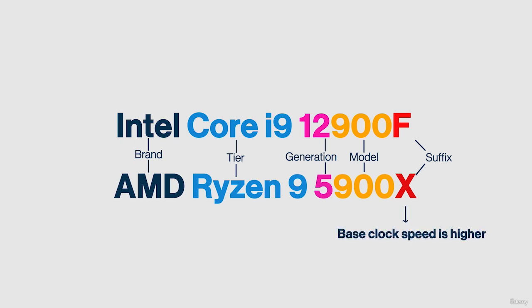So essentially this X, if you see that on an AMD chip, just means that it comes slightly overclocked straight out of the box, and there's not much you have to do to overclock that chip. There's also another one you're going to notice with AMD, and it's similar to the F, but it's the G. AMD has no GPU by default, so G denotes an AMD CPU with integrated graphics.